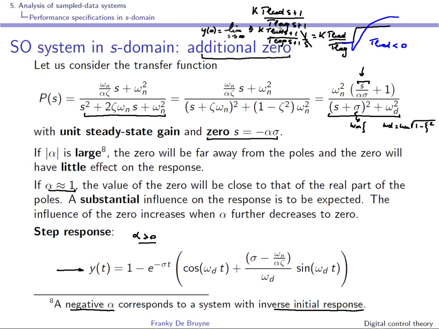Obviously T lag will be positive, otherwise you would have a lead lag system that is unstable, and it would make no sense to look at the step response. So T lag is positive, but you see here that when T lead is negative, indeed you have this inverse initial response. So at time t0 you will have something that will go down, before of course going to the value of k, because in steady state the gain will indeed be k over here.